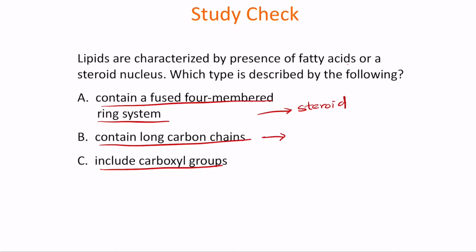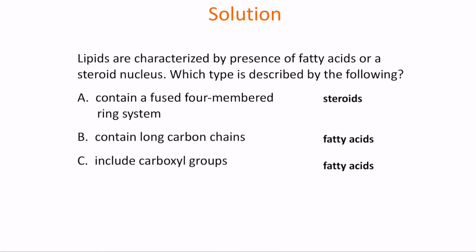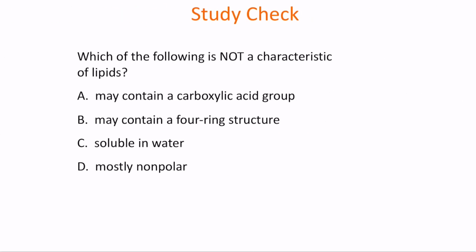Contains long chains, so this is a fatty acid. And includes carboxyl groups, so this is a fatty acid. This is how we can classify these structures. Pause the video right here and try to answer these questions.